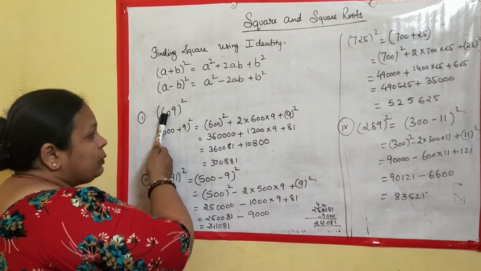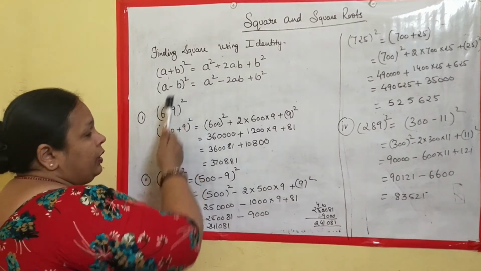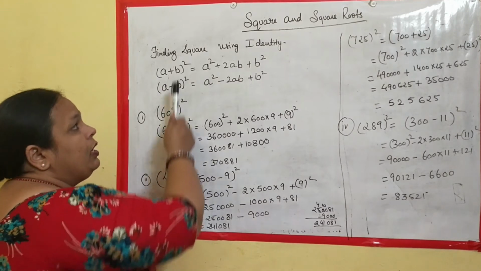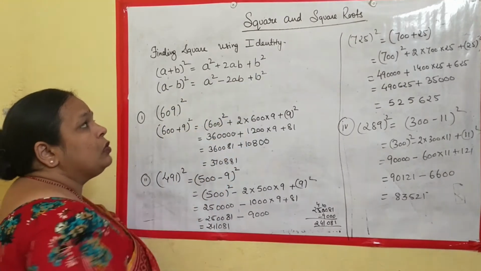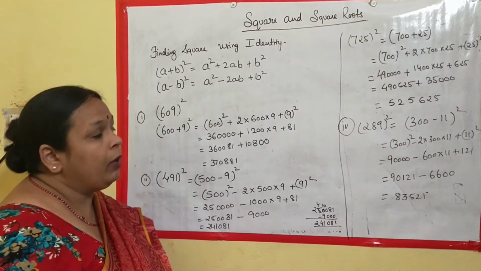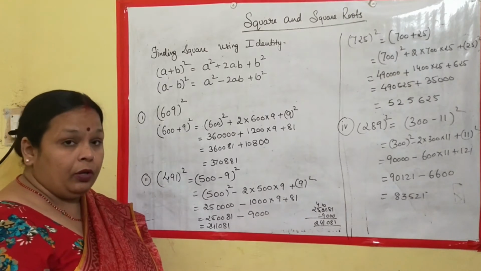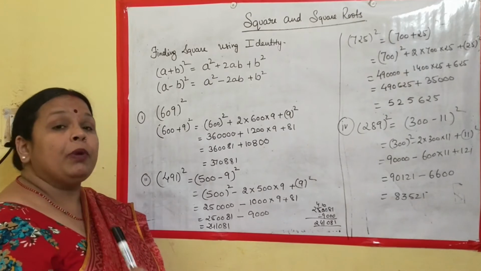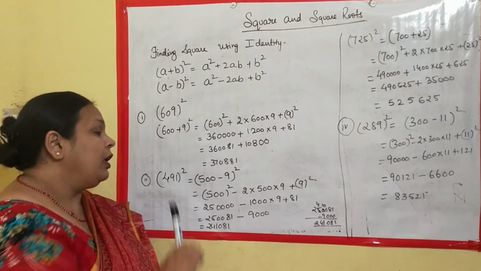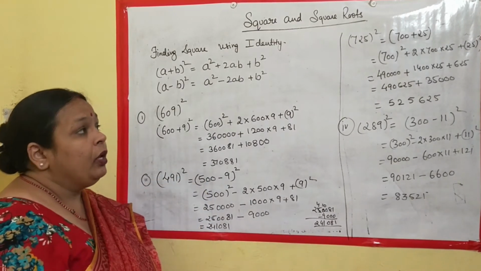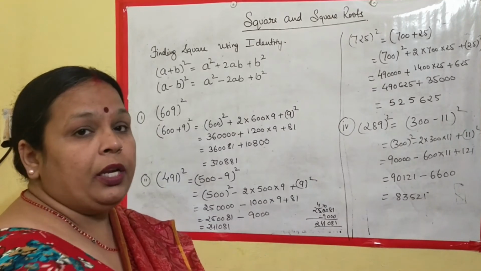And after expressing the number in the identity form a plus b or a minus b, simply substitute the values of a square, a and b in the formula, and the answer is ready. If you need to check it for your satisfaction, you can simply multiply 609 into 609. You will be led to the same answer. Moving ahead with the next method.